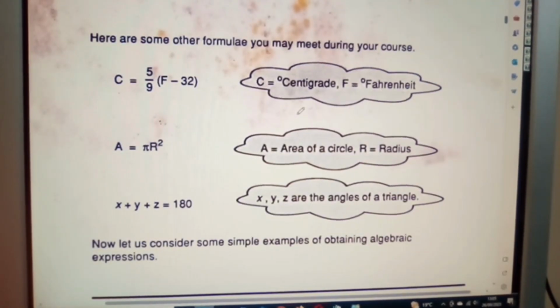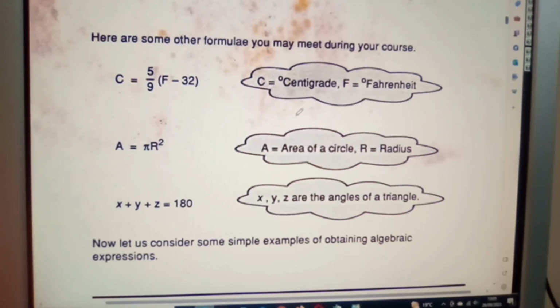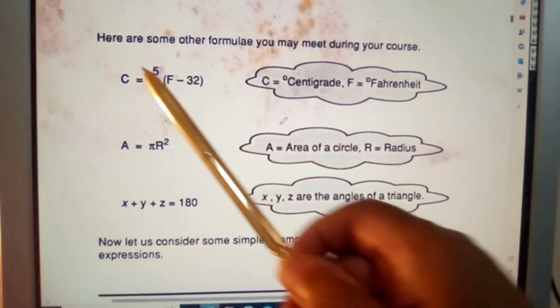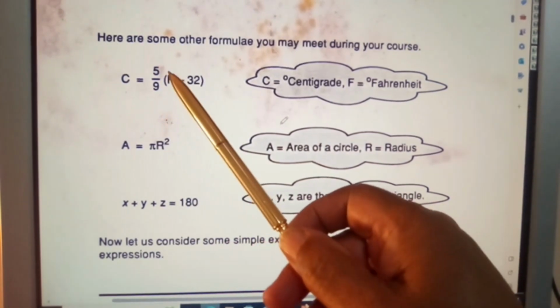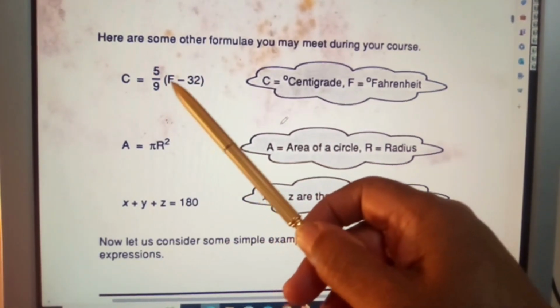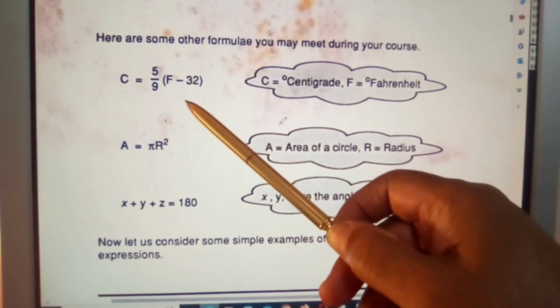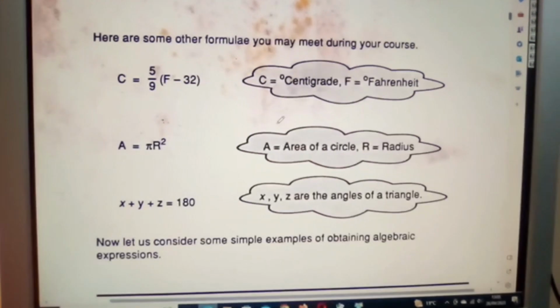Here are some other formulae you may meet during your course. C equals 5 over 9, open brackets, F minus 32 degrees, close brackets. Now, what are we doing here?